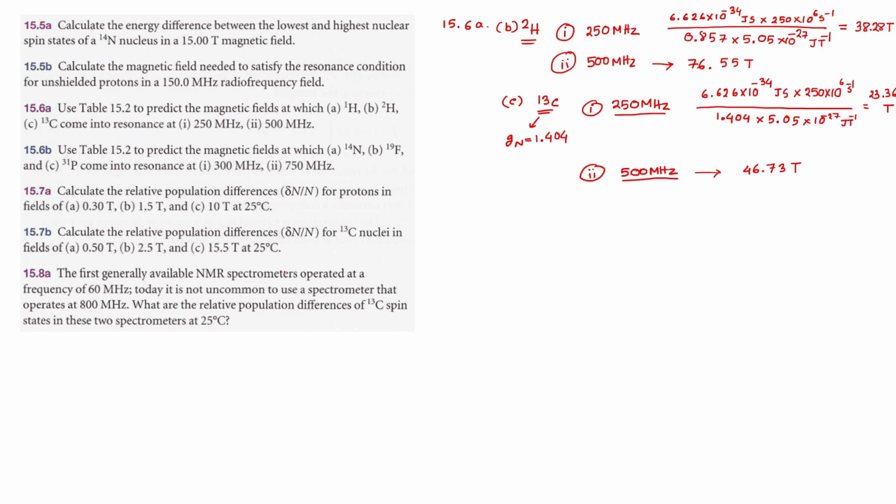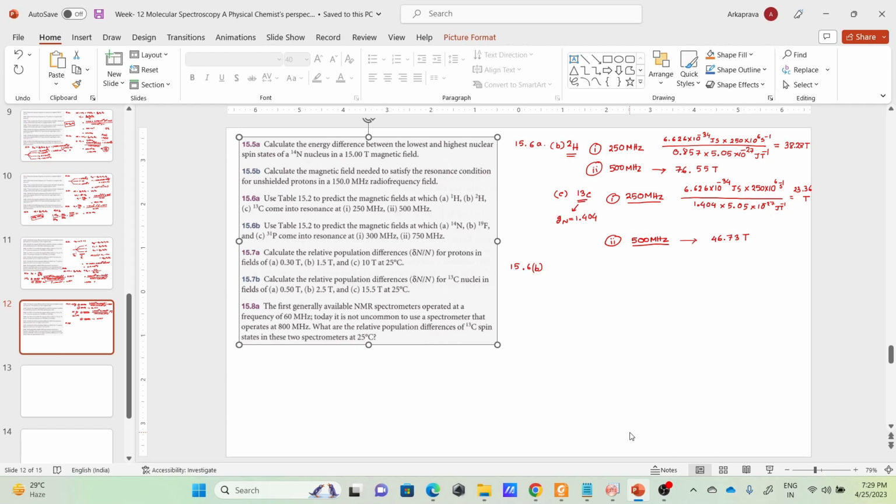Now comes the question 15.6b. So we'll also solve this because it will be a good problem to know the nuclear G factor for 14N, 19F and 31P, right? I'll provide it. Okay. So let us come back to the problem we are solving.